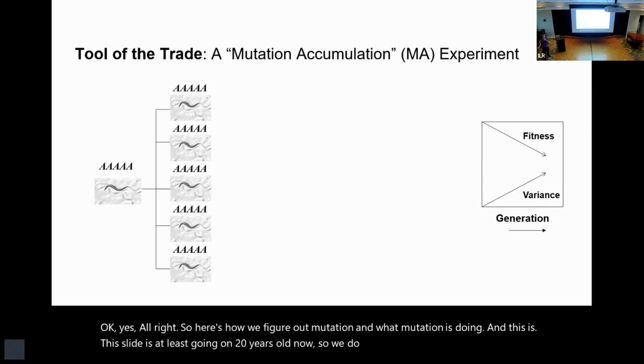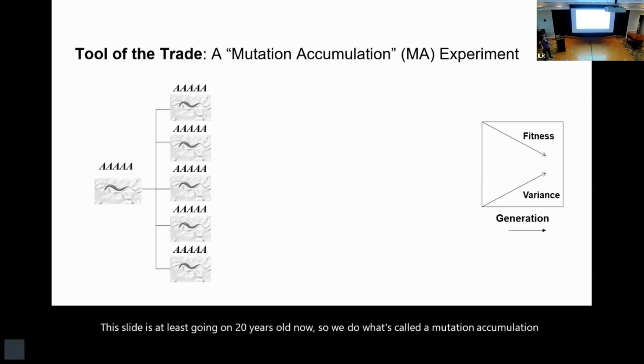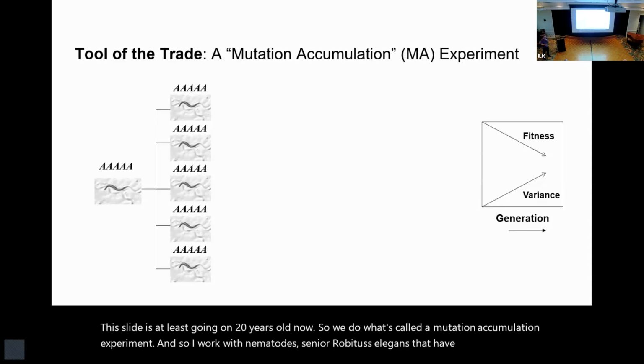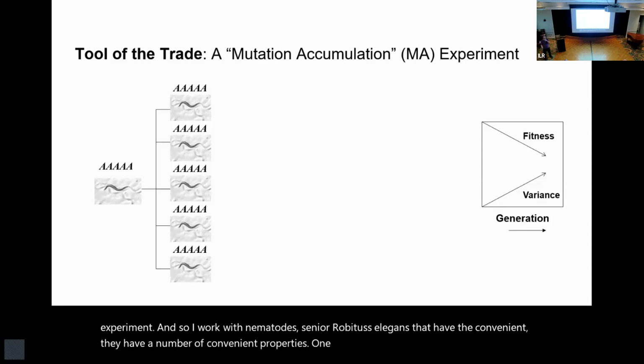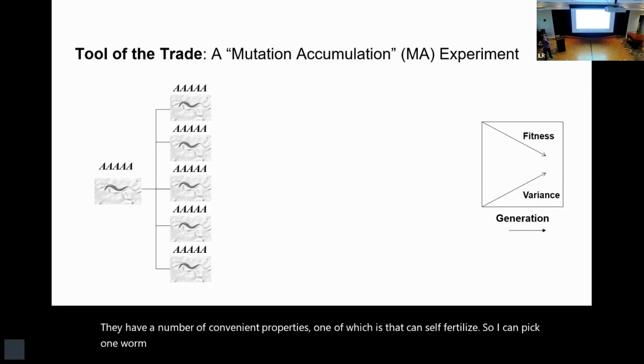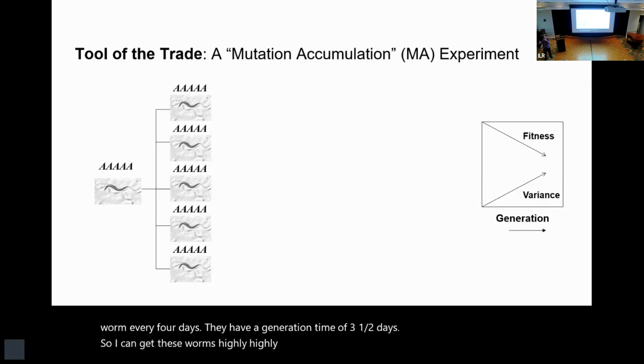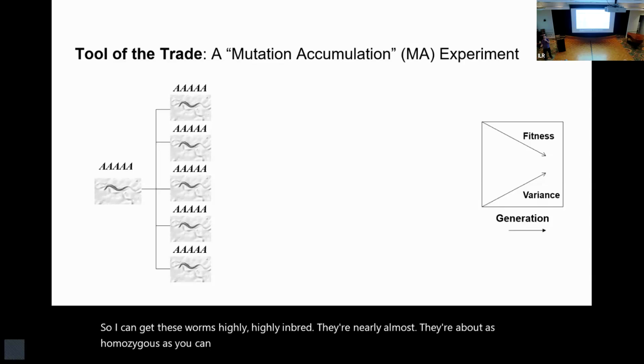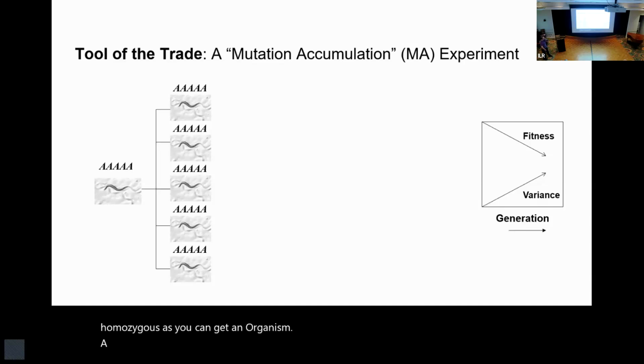I work with nematodes, Caenorhabditis elegans, which have a number of convenient properties, one of which is that they can self-fertilize. So I can pick one worm every 4 days, since they have a generation time of 3.5 days. I can get these worms highly, highly inbred. They're about as homozygous as you can get a diploid organism.